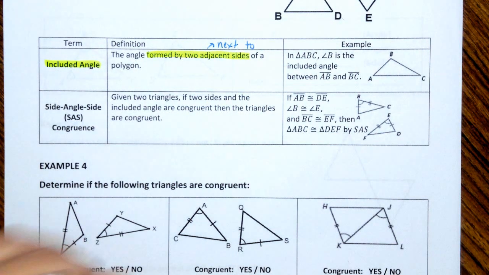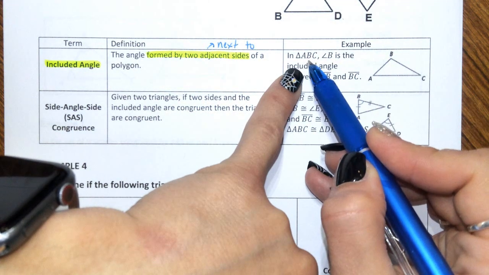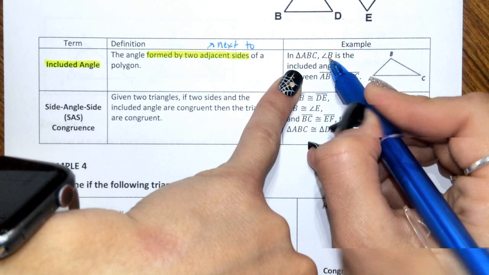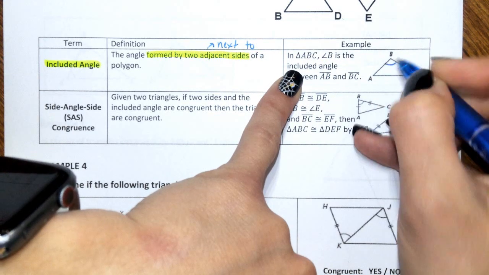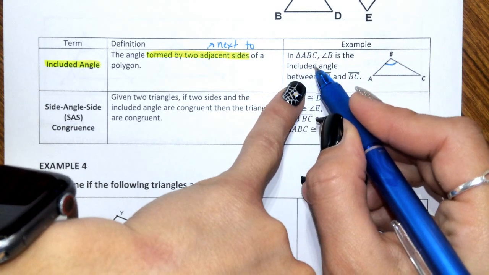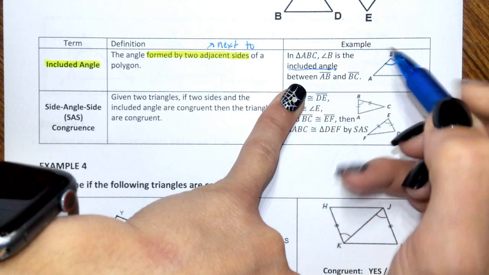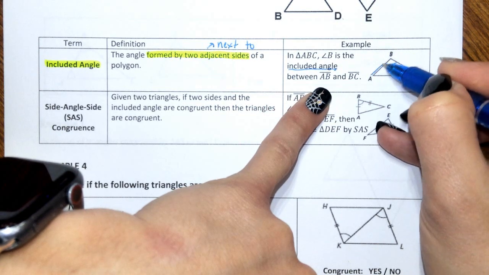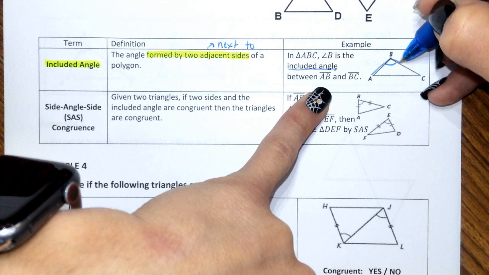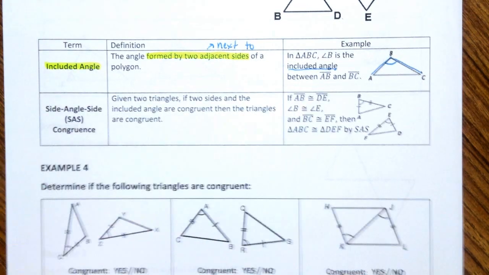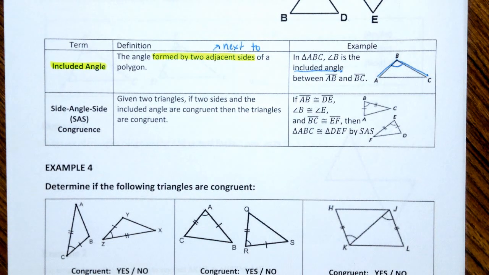So in the diagram here, we're seeing in triangle ABC, angle B, right here, is the included angle, right there, that included angle between segment AB and segment BC. So the 2 segments form, they come together to create that angle. That's what your included angle is. It's included between the 2 sides.